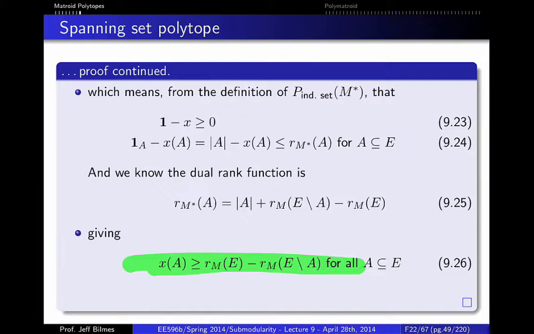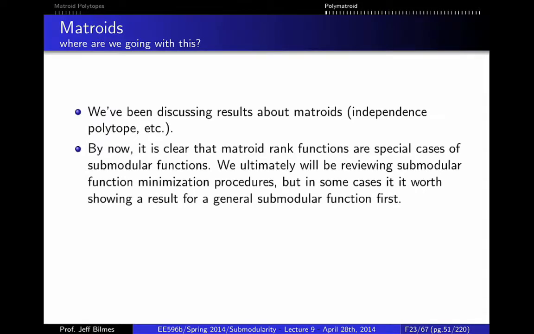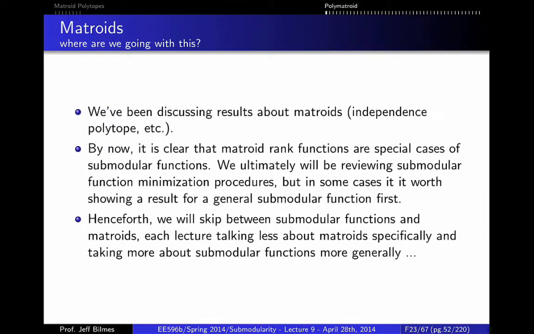And there are actually quite a large number of other polytopes and polyhedra associated with matroids, which we're not really talking about yet. But I do want to give you a sense of where we're going. So we've been talking a lot about matroids. And we know that matroid rank functions are a special case, and a very interesting special case of submodular functions. And what we're going to be doing is slowly morphing from matroid rank functions to submodular functions.